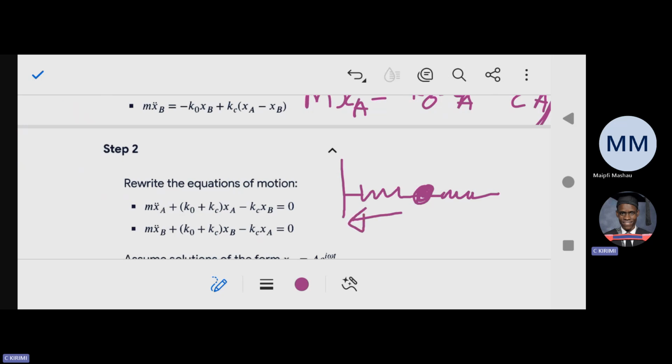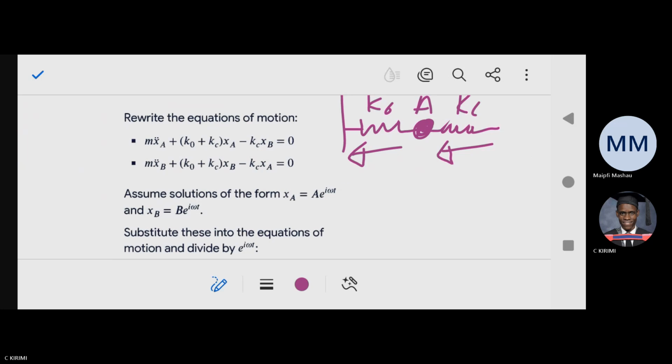So if this is your A, any displacement that you are going to put, even this one, Kc, will follow as well. That's why we are saying it's minus K naught multiplied by X what? A. Minus as well, going in the same direction.